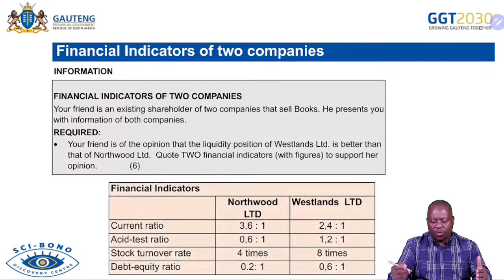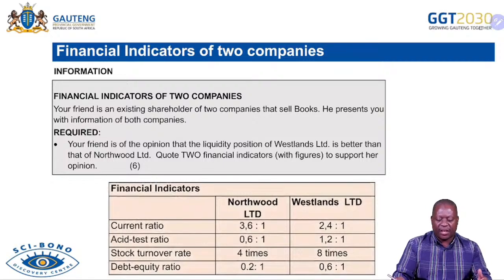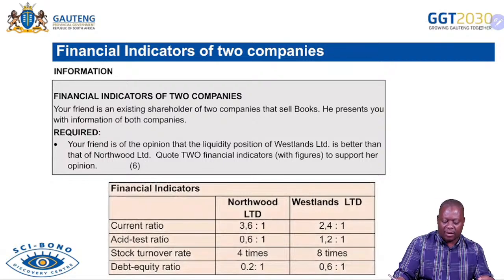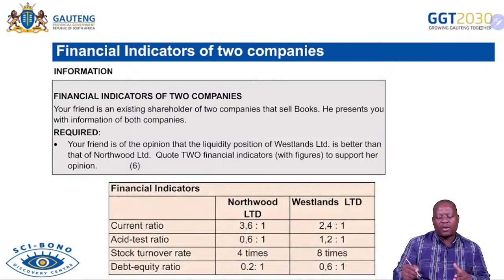Let's see which one of the 2 companies is having the best of indicators here. I still remember someone who asked me the same thing as you are going to ask me now. Why can we say Westland Limited is having a better current ratio than Northwood Limited?